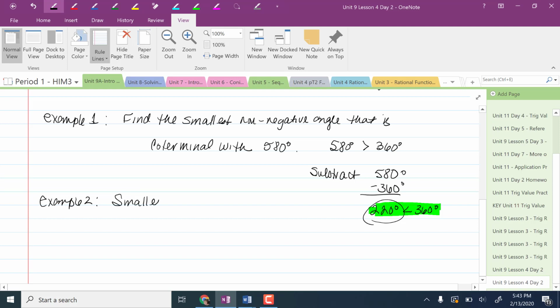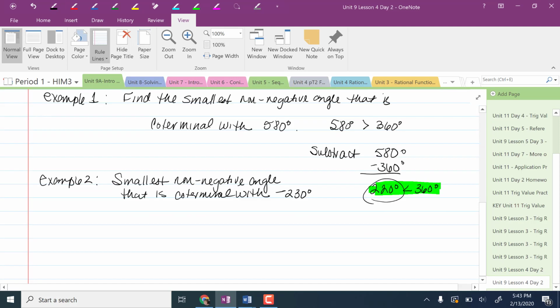Next, we're asked to find the smallest non-negative angle that is coterminal with negative 230 degrees.